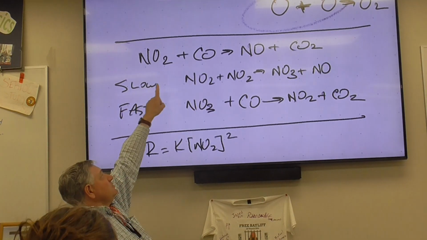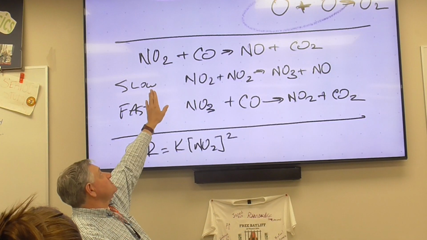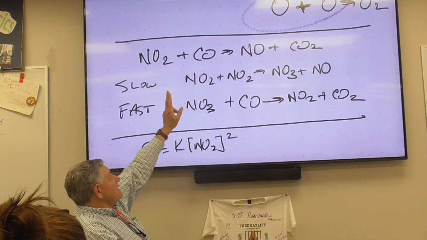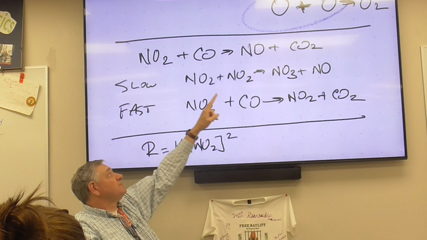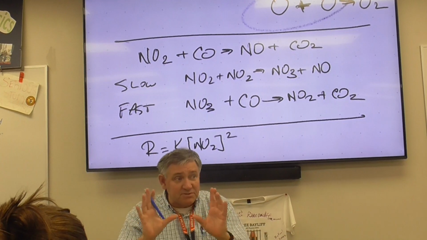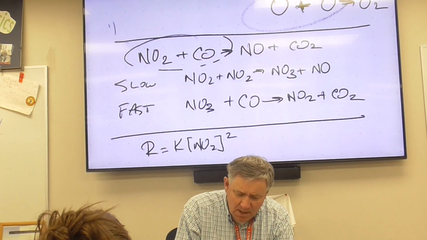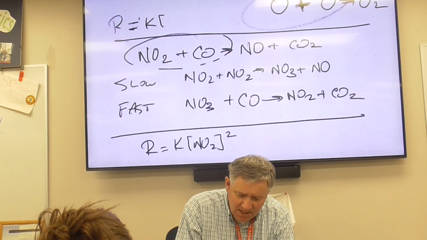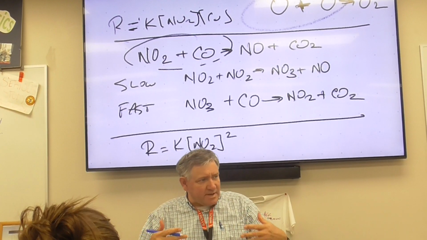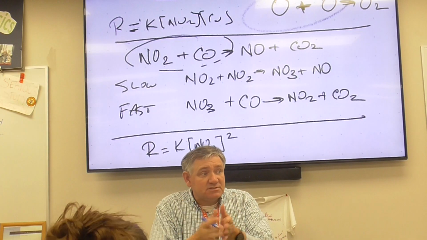If NO2 plus CO was what we call an elementary reaction, and that's the only thing that happened, you would think, if this reaction took place in just one step, and this is a huge if, that the rate R is going to equal K times the concentration of NO2 times the concentration of CO. You would think it would be a second order reaction overall, first order with respect to each of those. If it was one simple reaction, this is what you would think would happen.